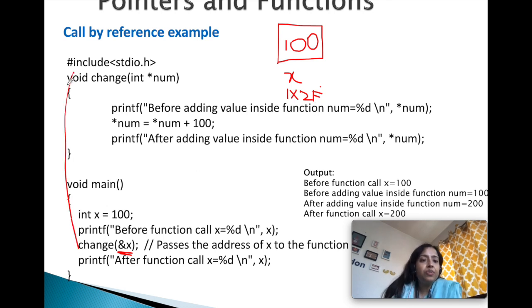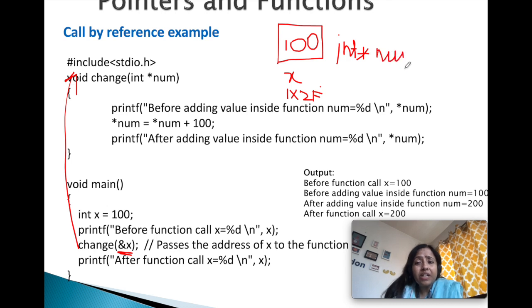Now the control goes from here to here. What is this? int *num. So what did we actually get here? int *num, please excuse my handwriting. What is the meaning of int *num?